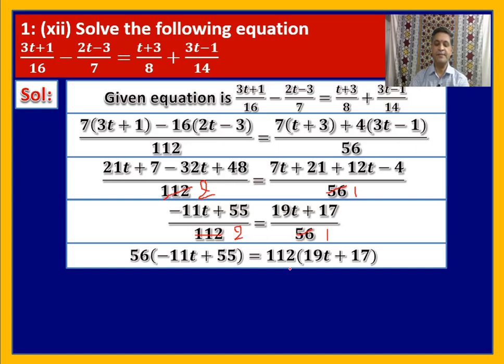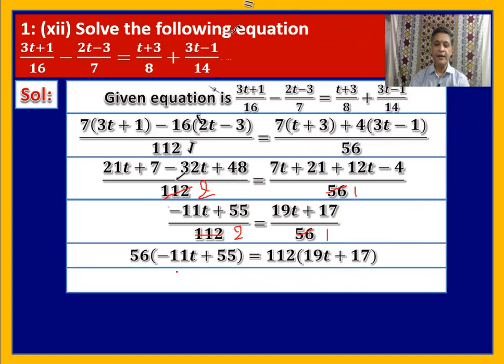So by cross multiplication you get minus 11t plus 55 is equal to 2 into (19t plus 17).